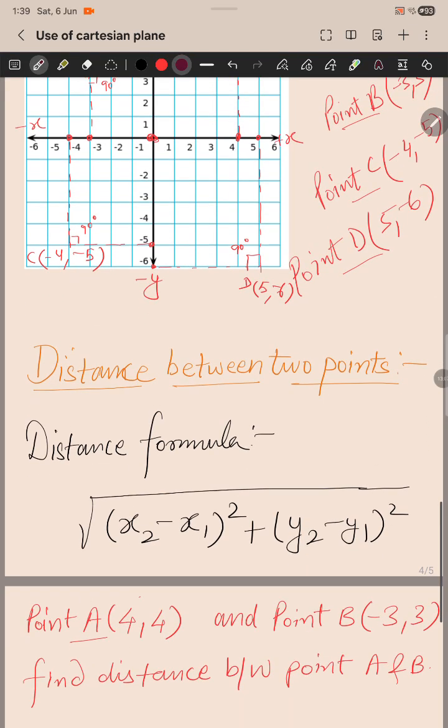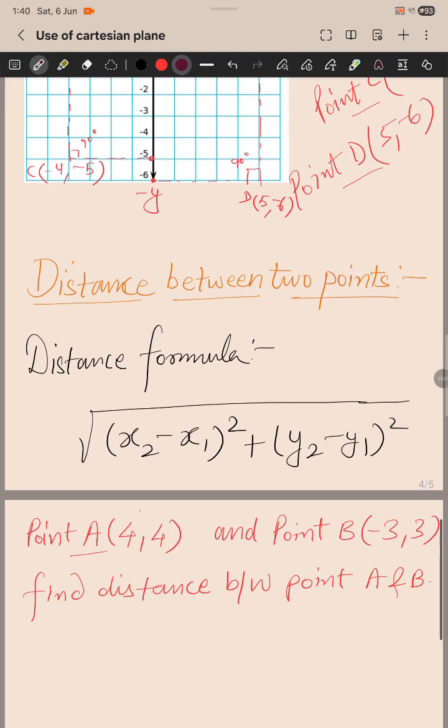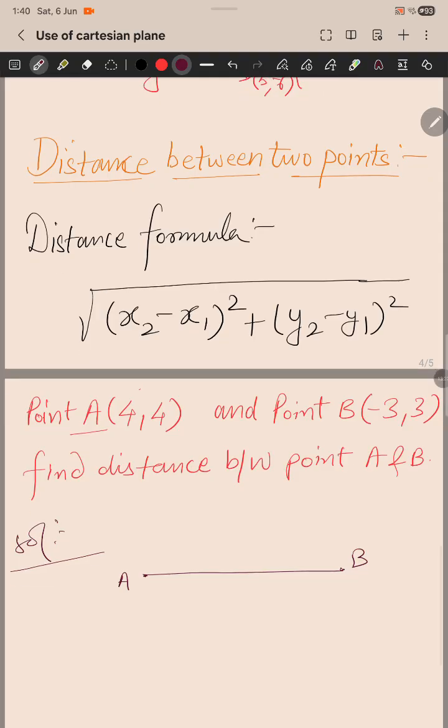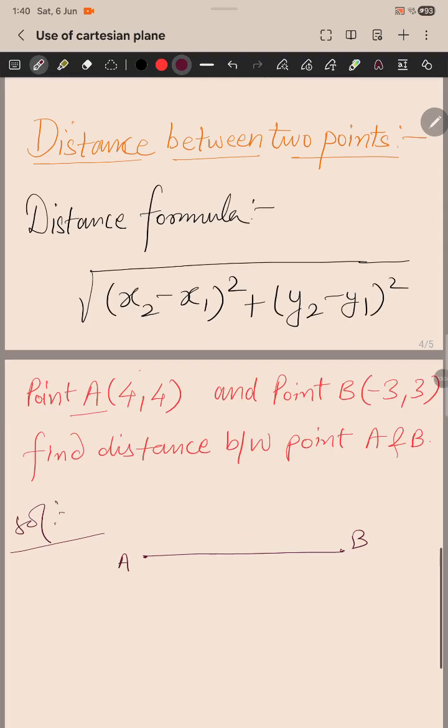So simply, I will solve it for you. Let's see, this is a line, point A, point B. First of all, I will solve it on a coordinate basis. Later on we will put the values. See, point A, suppose its value is x1, y1.